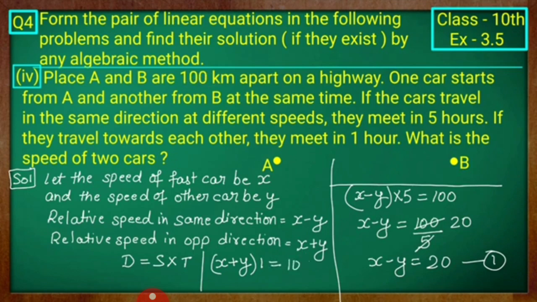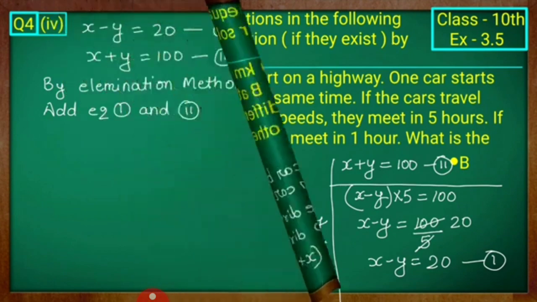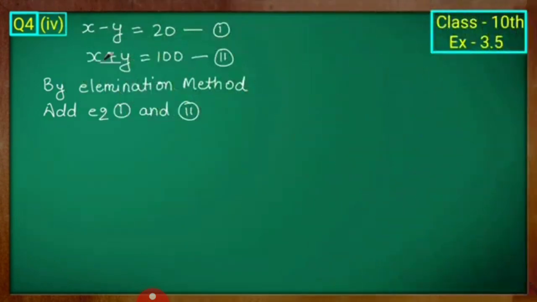So the second equation is x plus y is equal to 100. Now we have two equations. By any algebraic method they can be solved to get the values of x and y. That will be the speeds of the two cars. That's all.